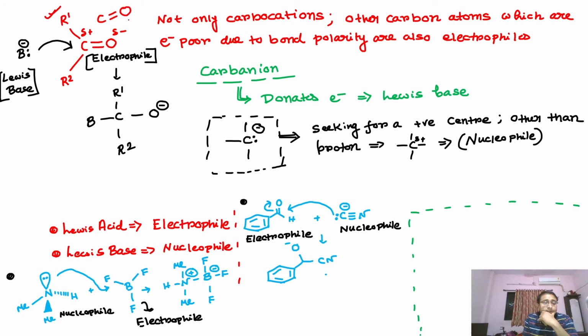Now as you know, this oxygen atom is much more electronegative compared to the carbon atom, so this oxygen atom always tries to draw electrons towards itself. So a partial negative charge will be formed over the oxygen atom and a partial positive charge will be formed over this carbon atom.